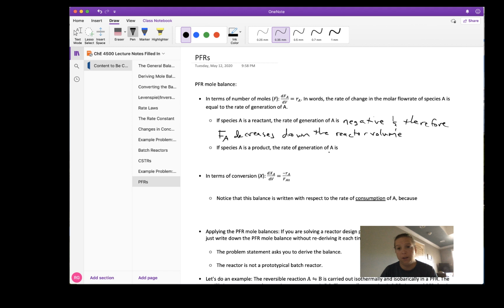In contrast, if A is a product, the rate of generation of A is positive. So FA increases down the reactor volume.